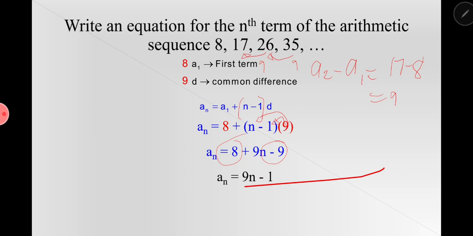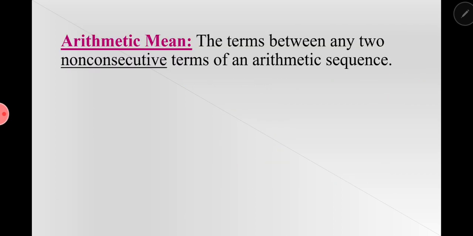So kahit gusto mo nang makita kung anong value ng 51st term, anong value ng 75th term, makikita na natin agad by just merely substituting the value of n. Okay, so that is the equation of the nth term of the arithmetic sequence 8, 17, 26, and 35.